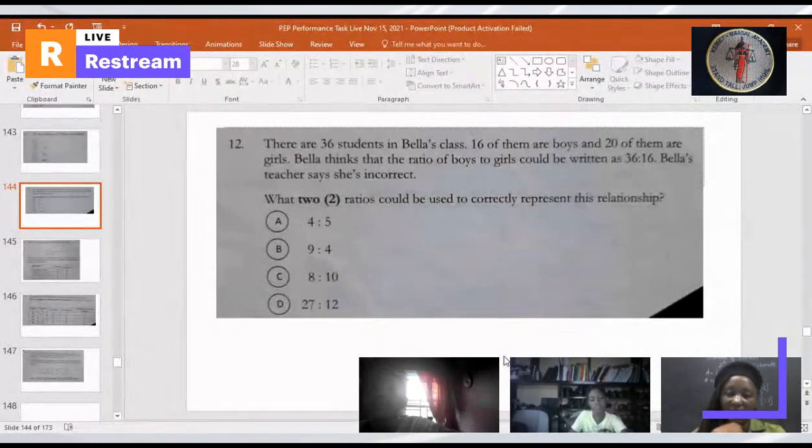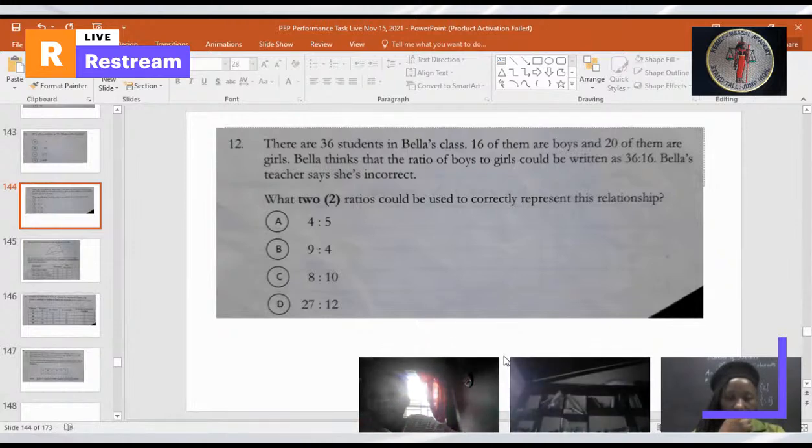Bella's teacher says she's incorrect. What two ratios could be used to correctly represent this relationship? A. 4 to 5. B. 9 to 4. C. 8 to 10. D. 27 to 12. All right. Any ideas?